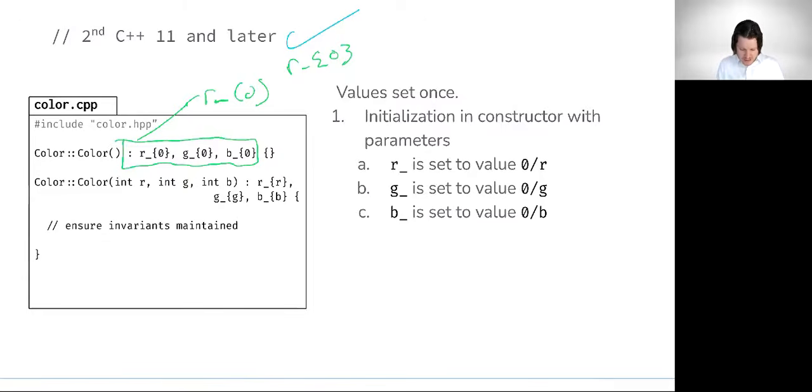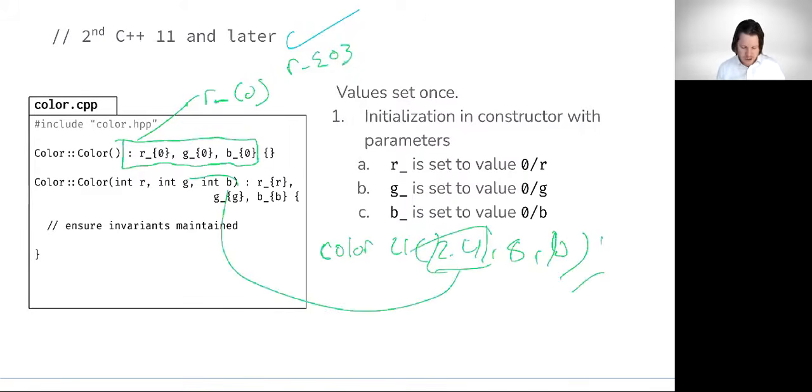However, if performing initialization in the initializer list with these curly braces, and you were to write Color C1 with 2.4, 8, 10, this would give you a compilation error because 2.4 would be narrowed if we're trying to initialize R with that. So braces are always helpful if we're looking to avoid narrowing conversions, because they will not allow them to occur.